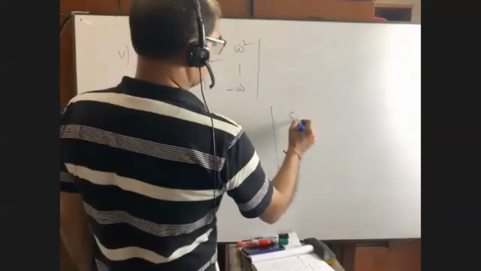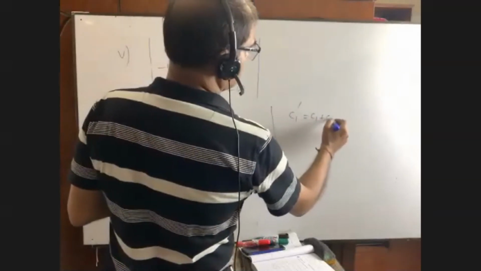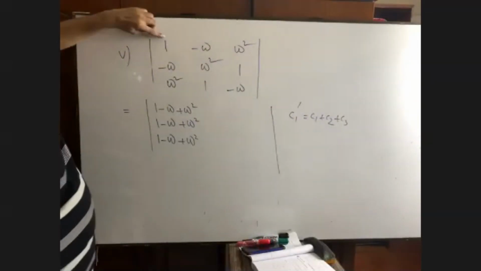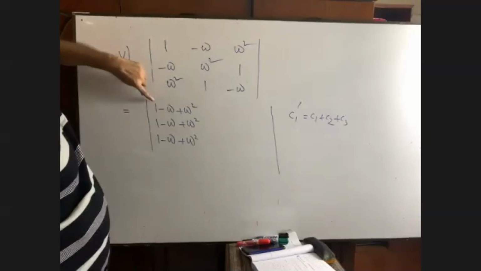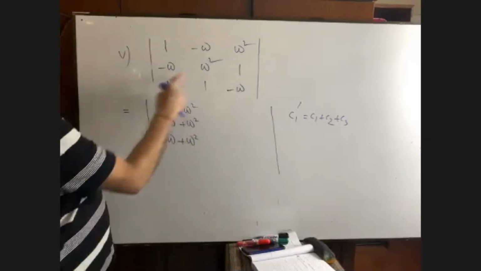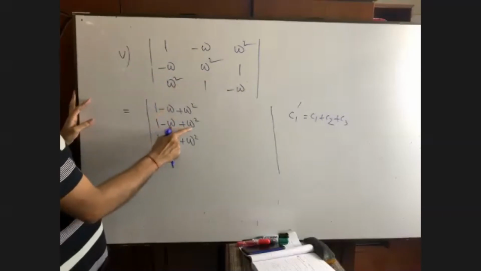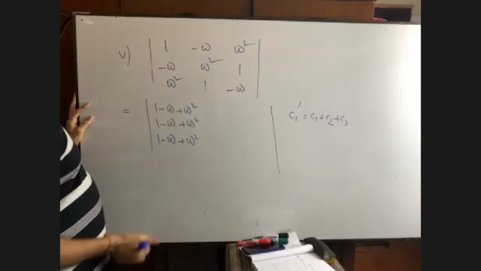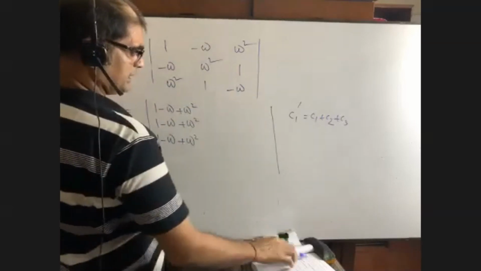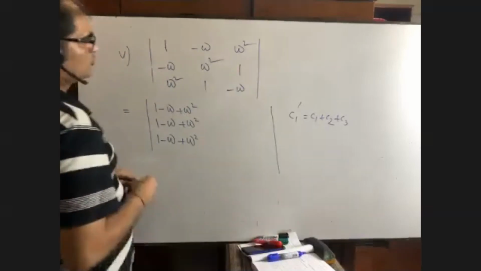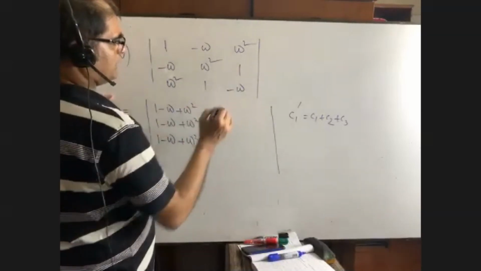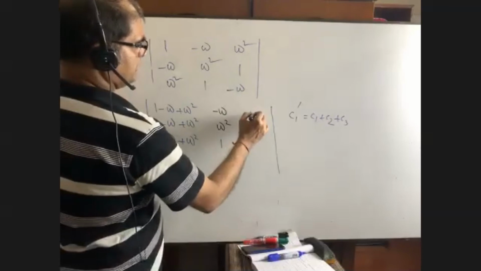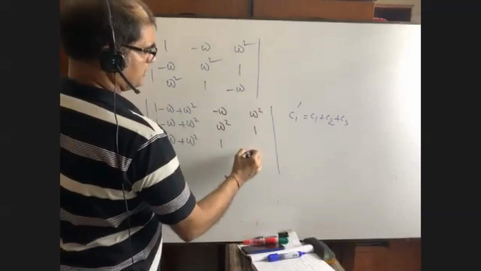I have got column 1 by adding column 1, column 2, and column 3. You see, this minus this. 1 minus omega plus omega square. 1 minus omega plus omega square. Here also, this plus this plus this. Now, the other 2 columns will be written as it is. That is minus omega square. This is 1. It is omega square. It is 1 minus omega.